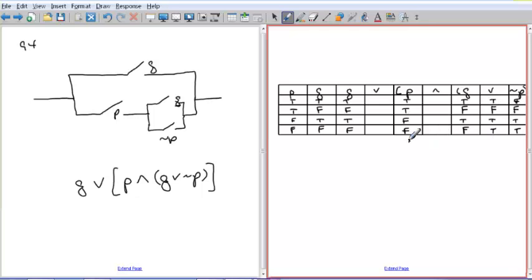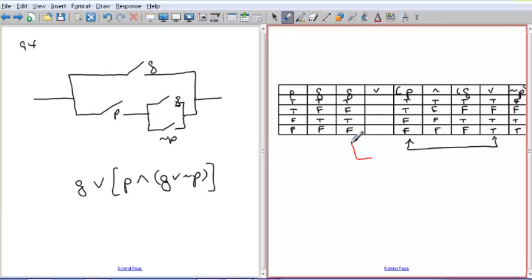Okay, then we compare this one with this. So the result of the parentheses is this column. This is the other. This is an AND statement. So the only time an AND is true is if they're both true. So we only have one case where it's true. We have true, true. We have true, false, false, true, false, true. So we get that.